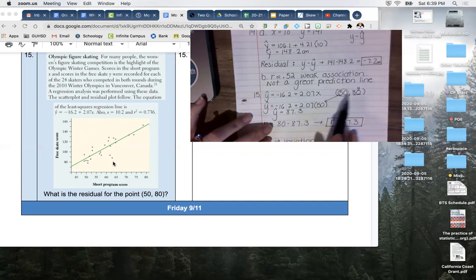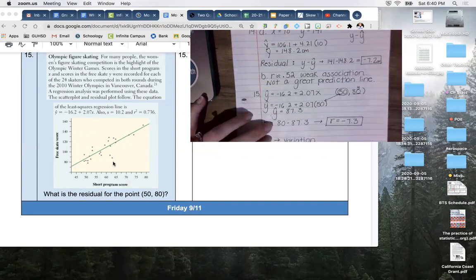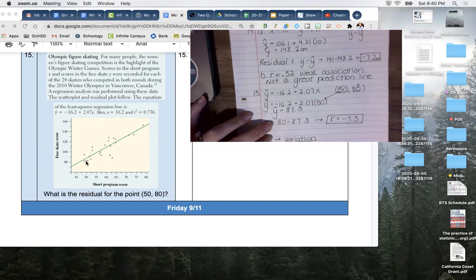The actual was 80, so I do 80 minus my predicted, Y minus Y hat, and I get a residual of negative 7.3. So this value is below the line, which makes sense, by 7.3 points.